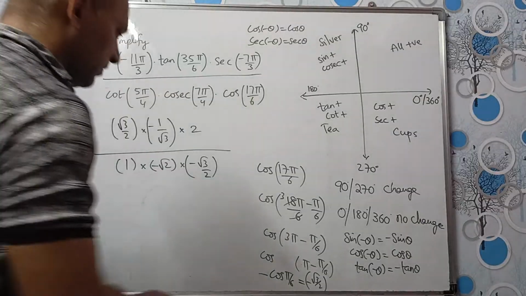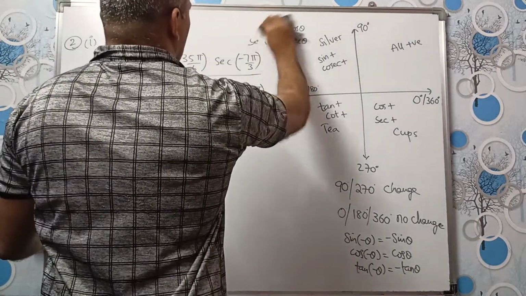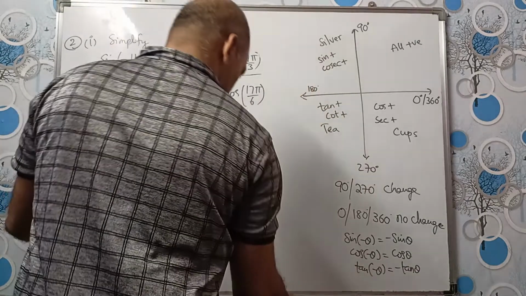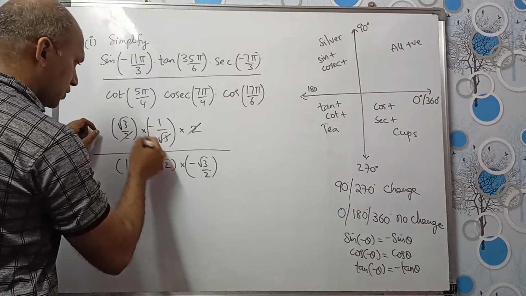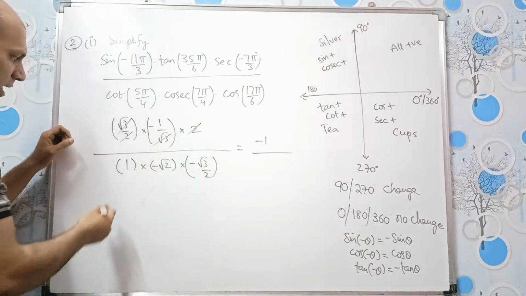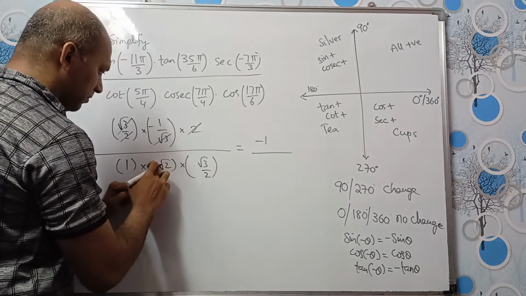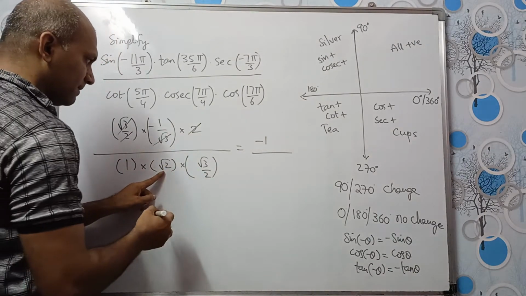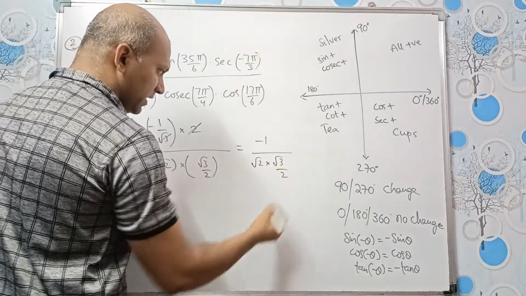Okay, let us simplify this now. See, 2 and 2, root 3 cancel. In the numerator we have minus 1, and minus minus will become plus. Root 2 root 3 divided by 2.